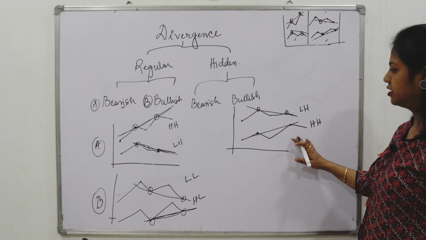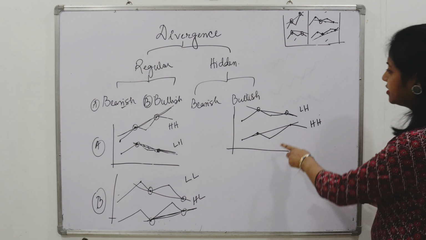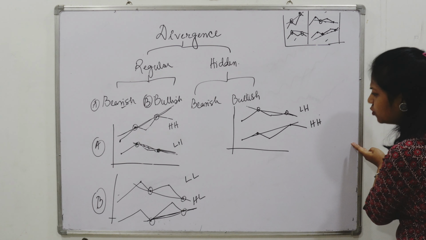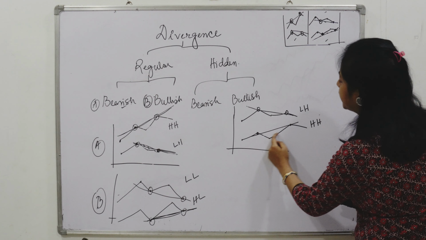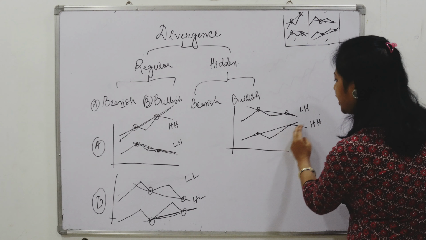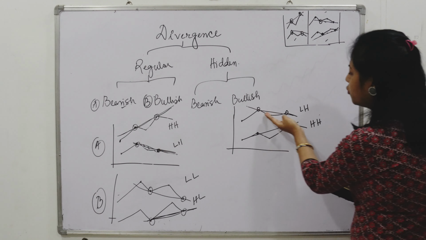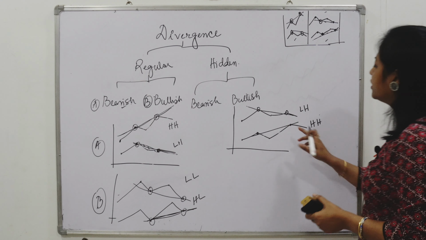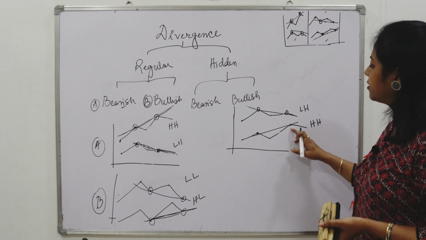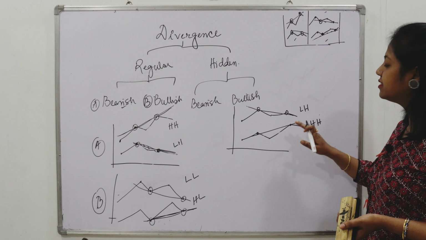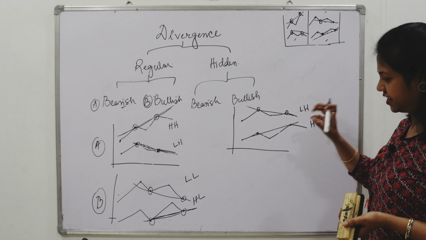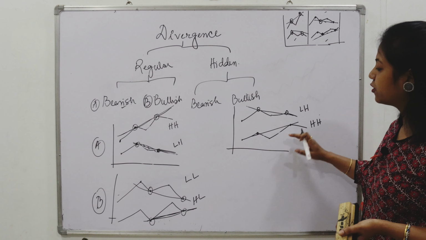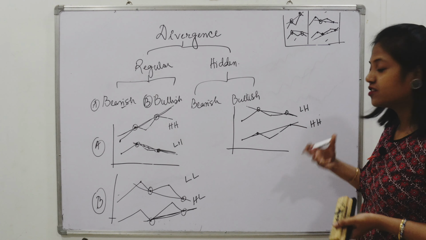But what does this indicate? It indicates the price is falling and the downtrend will continue, though the indicator is showing an uptrend. Why is it behaving opposite? Because the indicator is actually taking care of not just the price change, but also the speed or the strength.